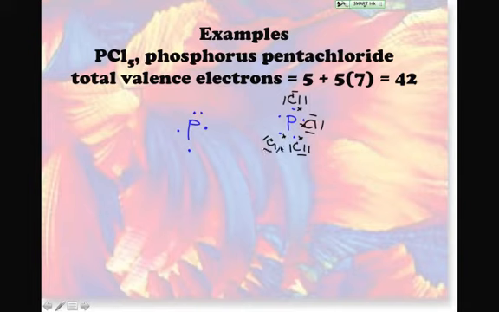It's highly electronegative, and it's a reasonably small atom compared to something, say, like bromine or iodine. So there's our phosphorus pentachloride, where our total number of electrons are 5 for each phosphorus, and then 7 for each chlorine, and there are 5 of them. That's 42 electrons. Crowding that all into an octet just doesn't make sense.